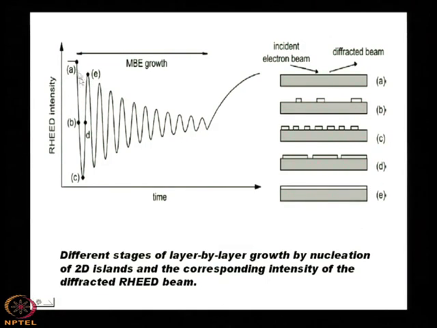So, from the oscillations of the RHEED pattern, you can conclude the different layers. How many layers are there? You can infer the layer composition and the layer thickness. There is simulation software which can be used with these RHEED intensity oscillations.